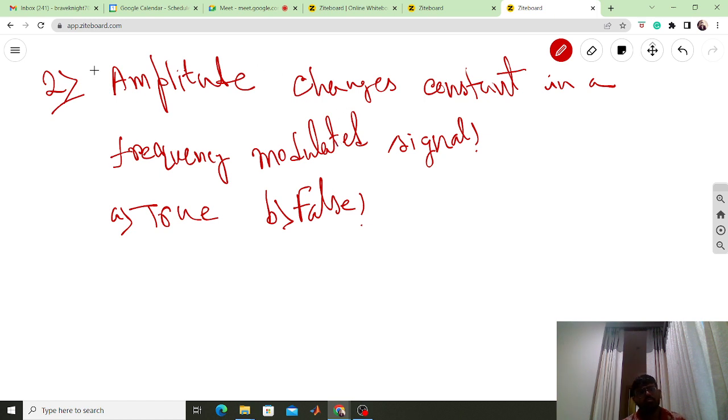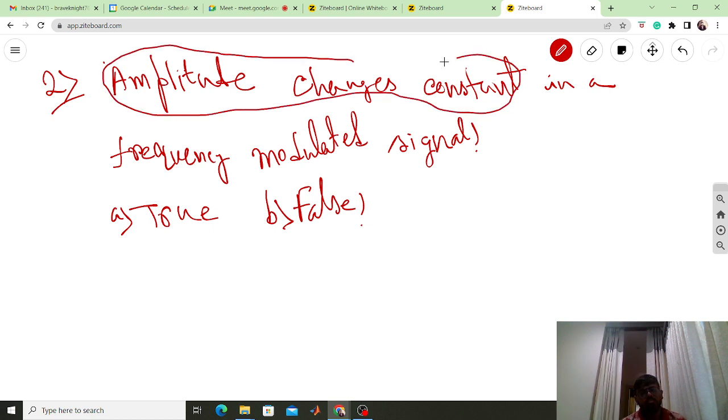So basically this question you can think of as whether the amplitude changes constantly for a frequency modulated signal.